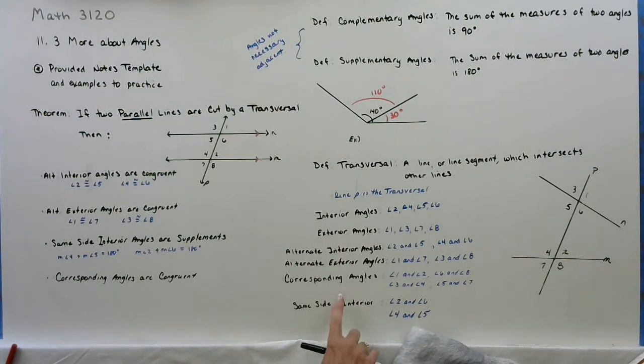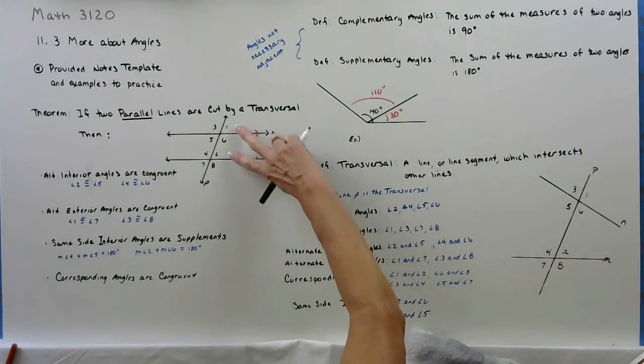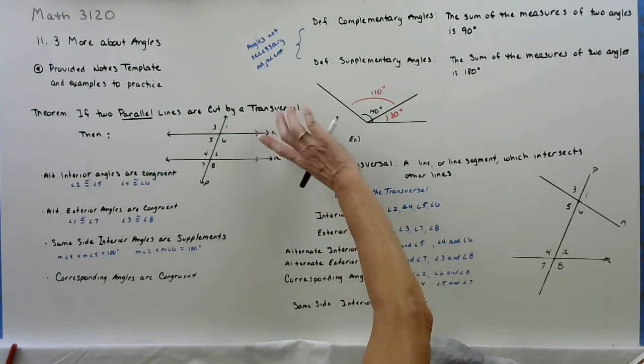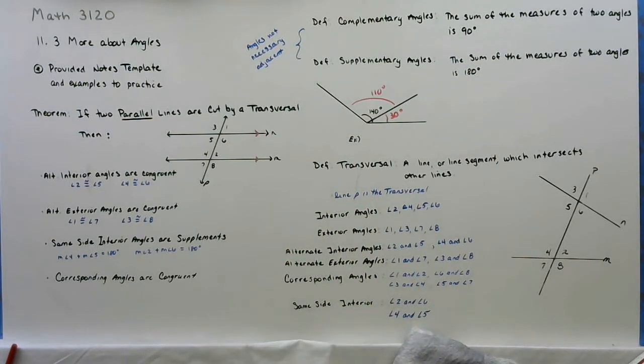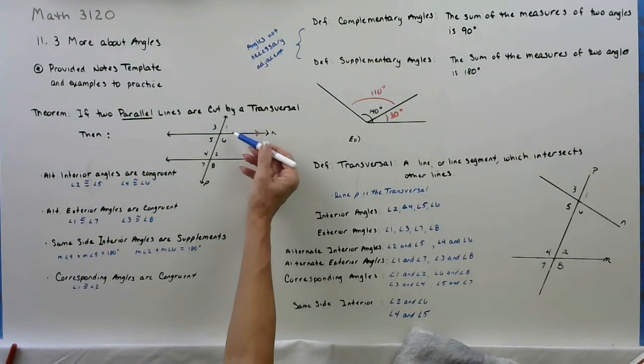So when we did this before, angle 1 and angle 2, they're both above the parallel line to the right of the transversal. So therefore they are congruent. So angle 1 is congruent to angle 2 because they're sitting in the same location.